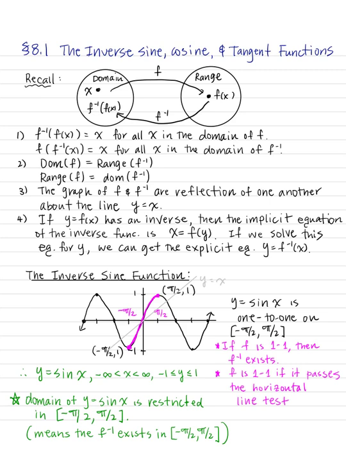And the graphs of f and f inverse are reflections of one another about the line y equals x. If y equals f of x has an inverse, then the implicit equation of the inverse function is x equals f of y. If we solve this equation for y, we get the explicit equation y equals f inverse of x. So to find the inverse function, you replace y with x and x with y, and solve for y.